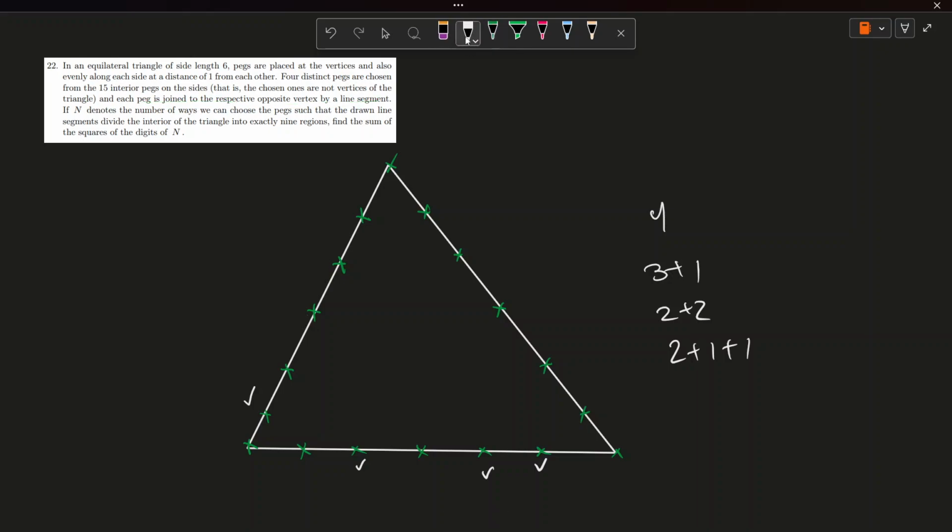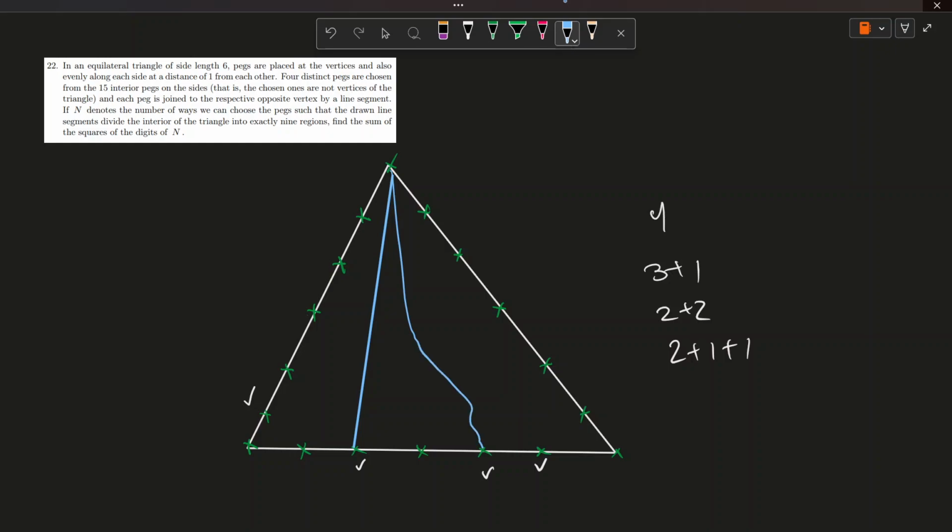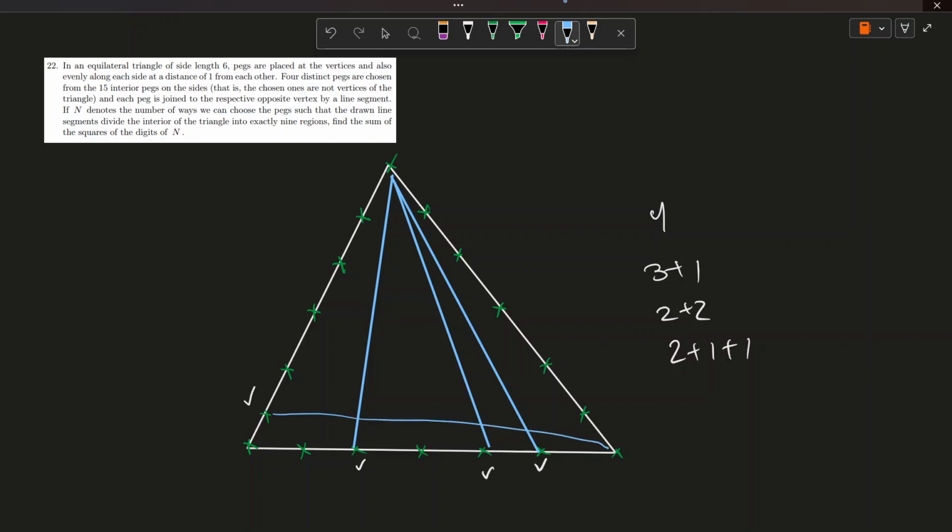So we join the chosen pegs to the opposite vertex by line segments. Yeah, so something like this, and like this, like this. So something like this is done, and we are asked to find exactly 9 regions.